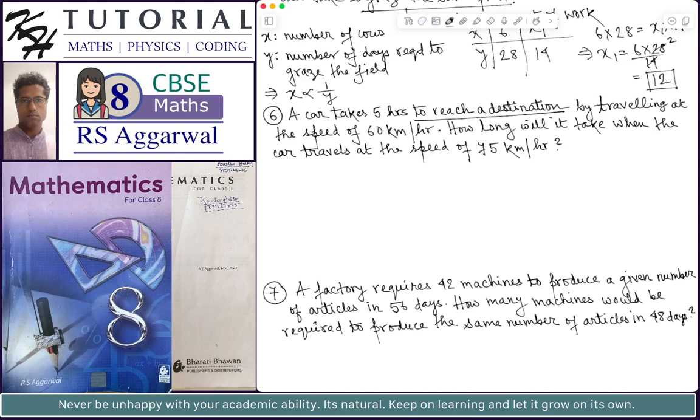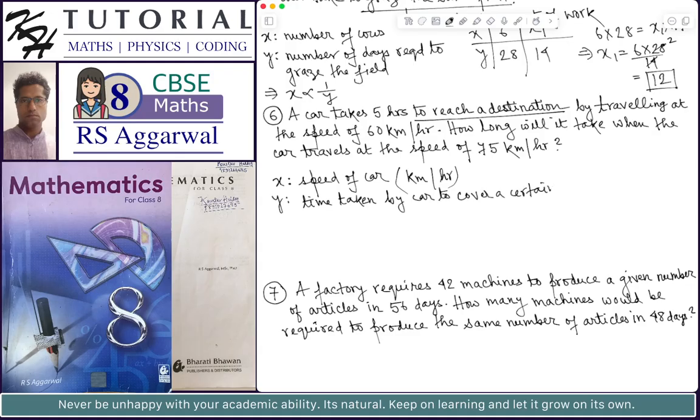So this is about the speed of a car, the time taken to cover a certain distance, and the distance is constant. So you can say x to be the speed of the car in kilometer per hour, and the quantity y to be the time taken by the car to cover a certain distance.